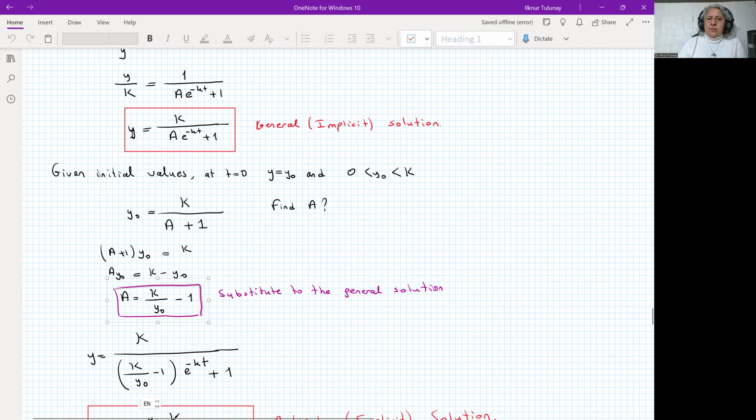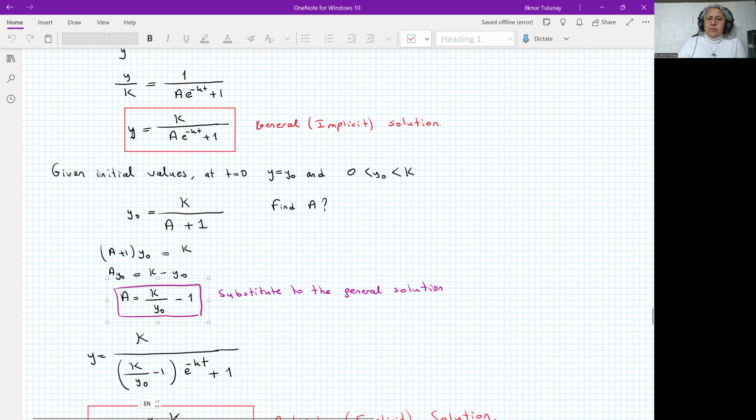We are talking about dy over dt. So you have y squared minus y terms, so this is a quadratic equation. That's the key.